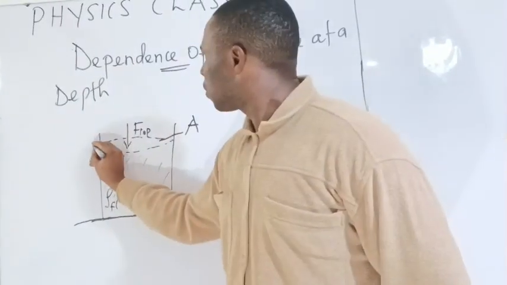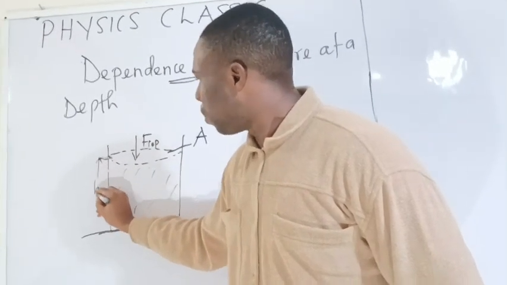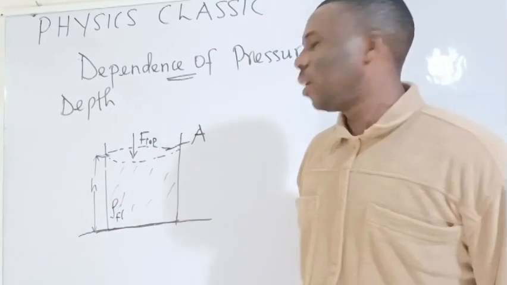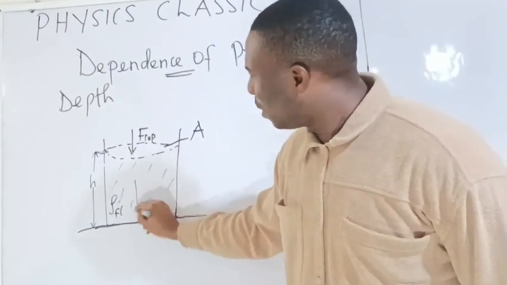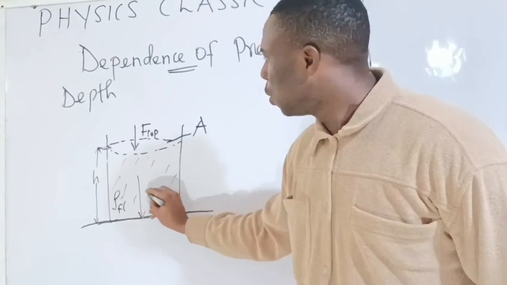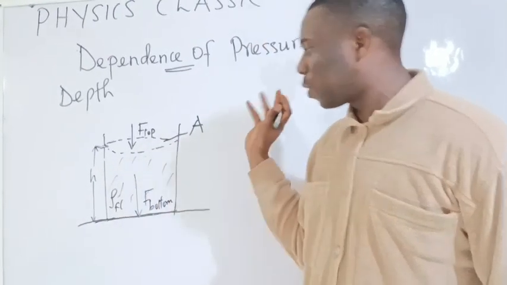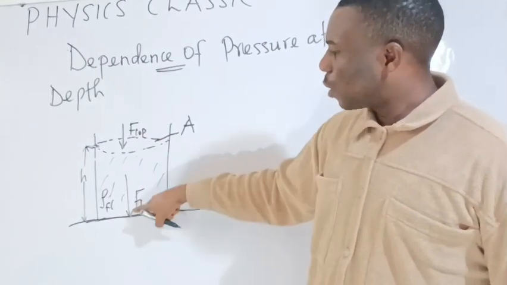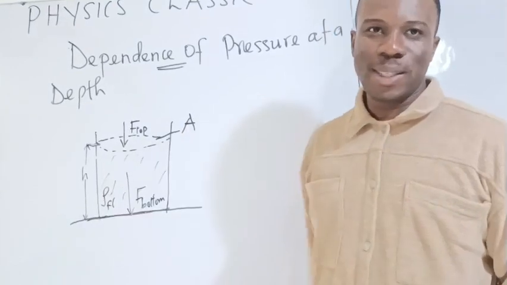All right, then let me call this level H, from the surface of the liquid to the bottom of the fluid, H. Now, right at the bottom of the fluid, there is an even larger force, which is called the force at the bottom. The force is larger simply because this force has to bear the force at the top plus the weight of the fluid itself.